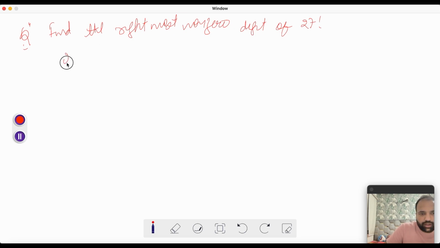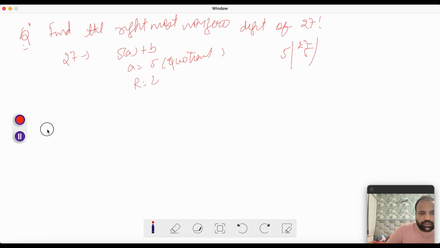Again, we have to break 27 into the form of 5a plus b. We divide n by 5, so we get 5 as the quotient and 2 as the remainder. So a is 5, this is our quotient, and b is 2, this is our remainder.